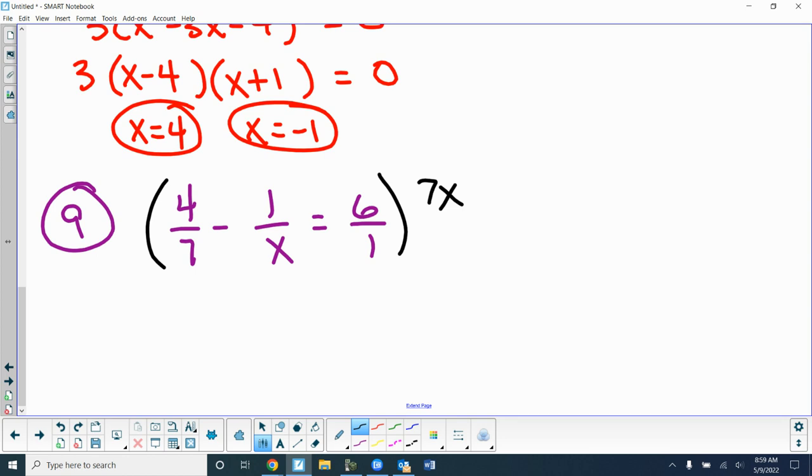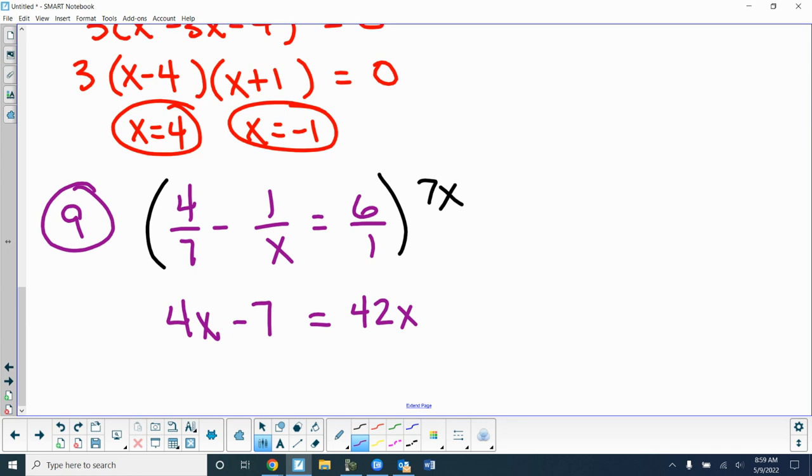So when I multiply 4/7 times 7x, the 7's cancel, so I just get 4x. When I multiply 1 over x times 7x, the x's cancel. So what's negative 1 times 7? Negative 7. Nothing cancels with the 1, so what's 6 times 7x? 42x. Don't forget that x is still there.